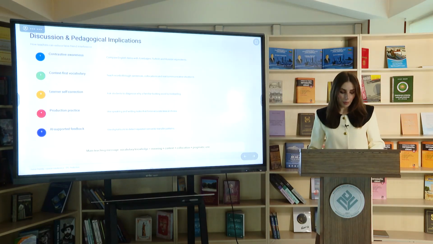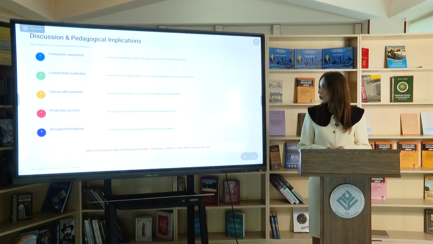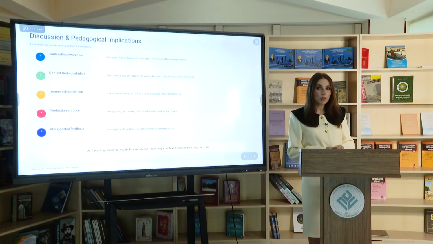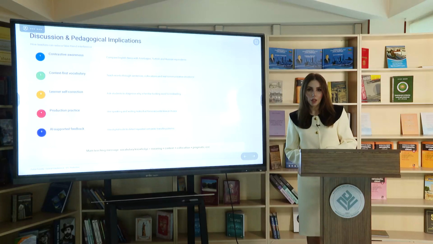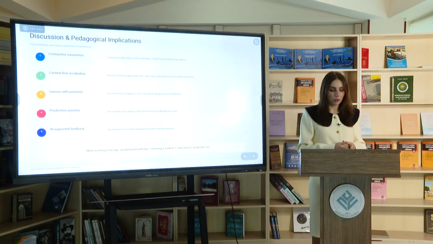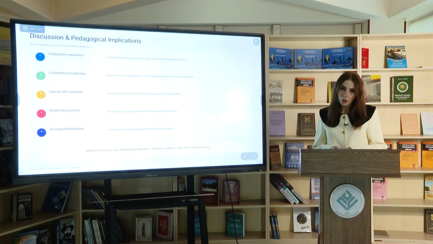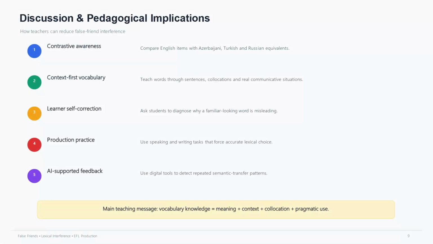First, teachers should not teach vocabulary only through direct translations. Students need to learn the words in context, with attention to meaning, collocations, and pragmatic use.